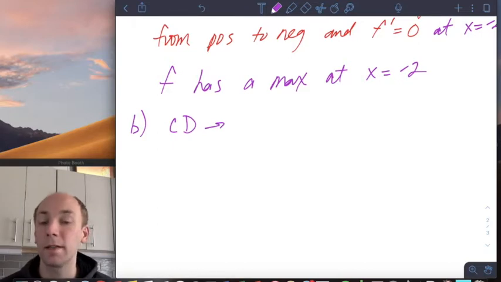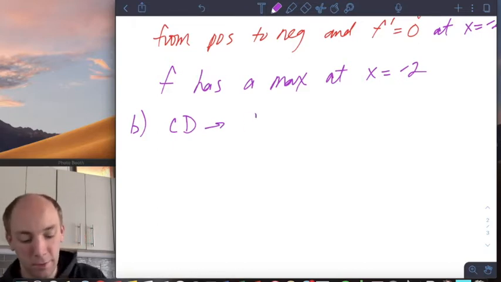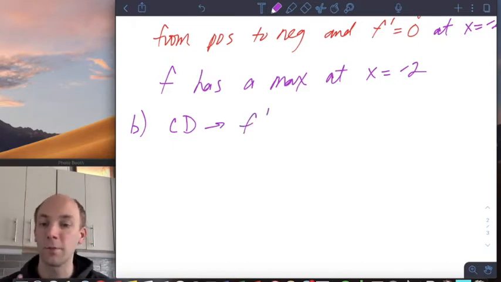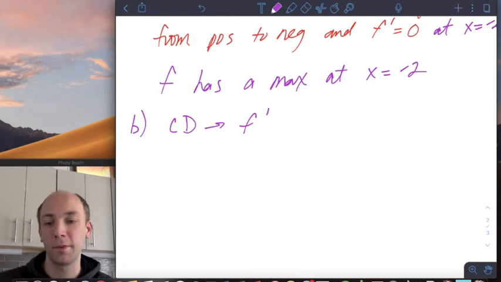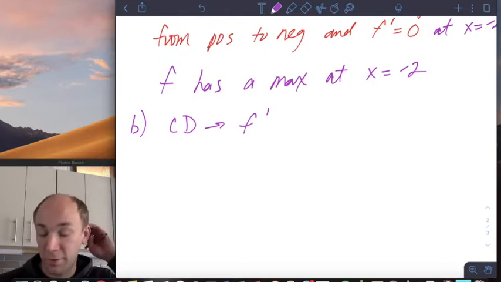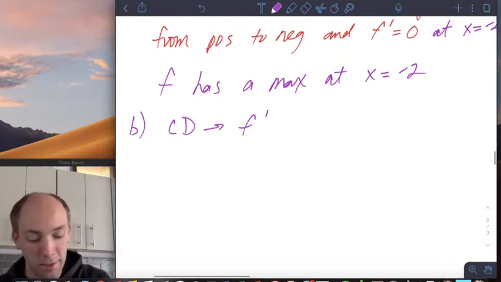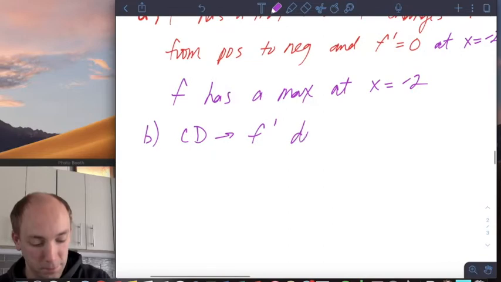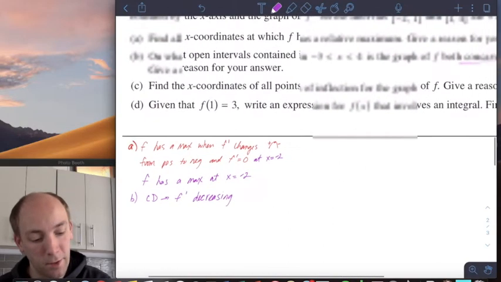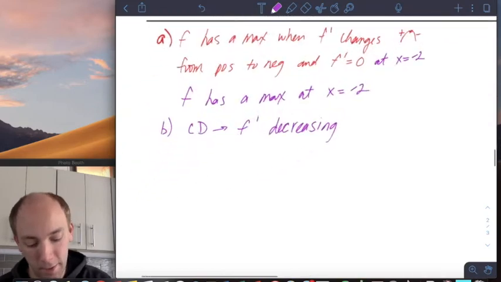When am I concave down in terms of f prime? In terms of the first derivative, when am I concave down? And there's a reason why I'm using the first derivative: I'm using what was given to me at the beginning of the problem. So f is concave down when f prime is decreasing. And then, when am I decreasing?